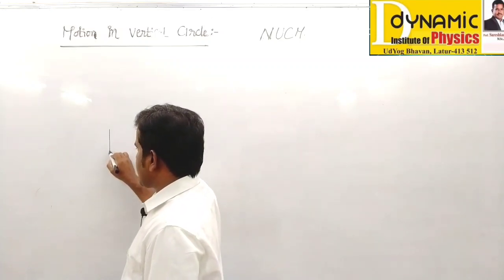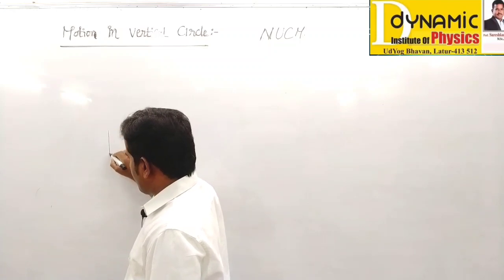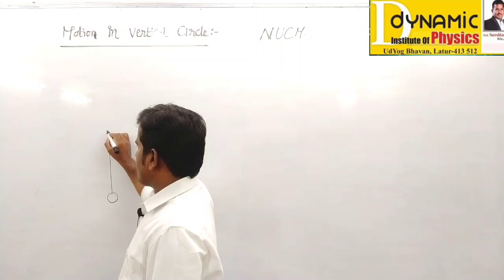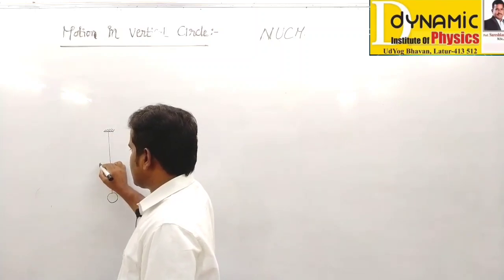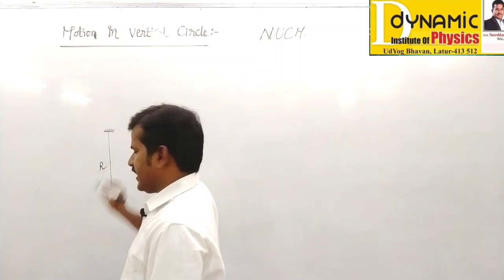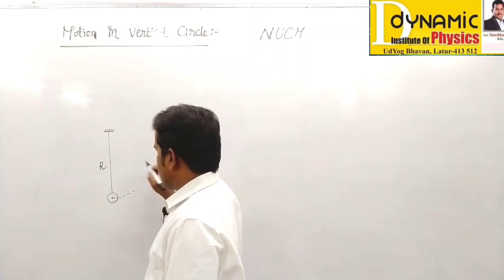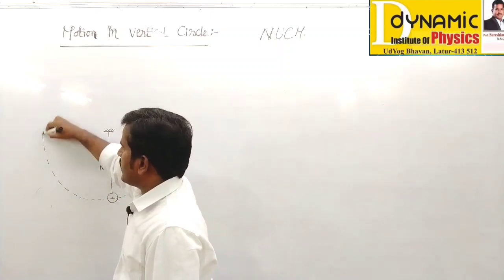Suppose, for example, one string of length r, that is nothing but the radius, is in circular motion.